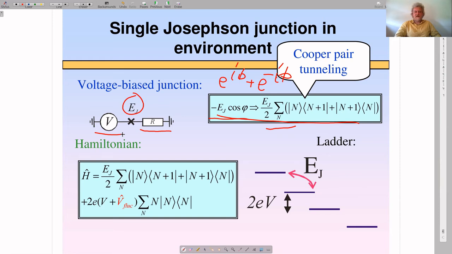I would like to have the Hamiltonian in terms of charge, which goes through the Josephson junction. Let me first take into account a term which comes from the source voltage. Voltage makes it energetically favorable for a Cooper pair to tunnel. Right, so the states with different n, they in fact form a ladder.